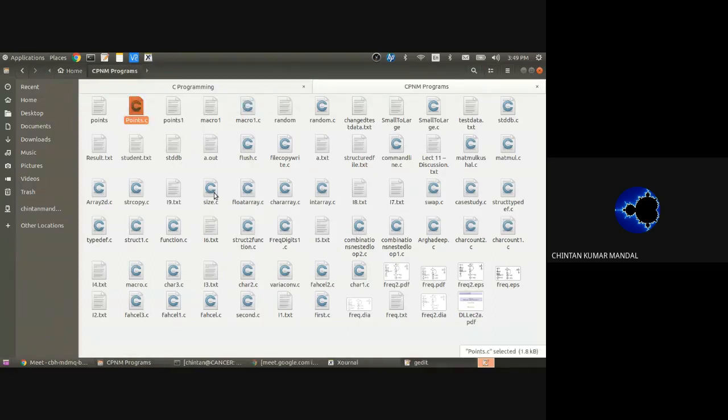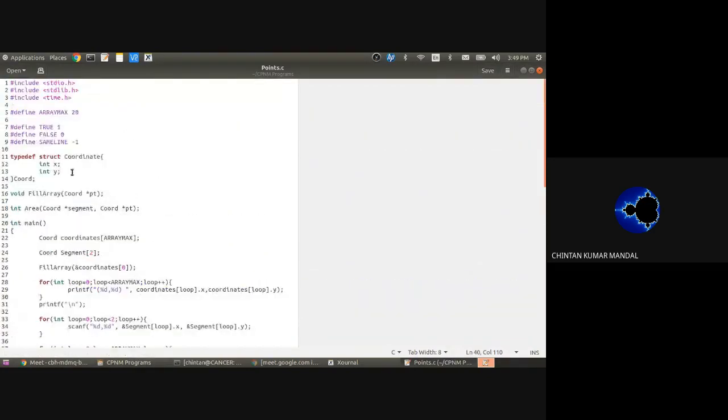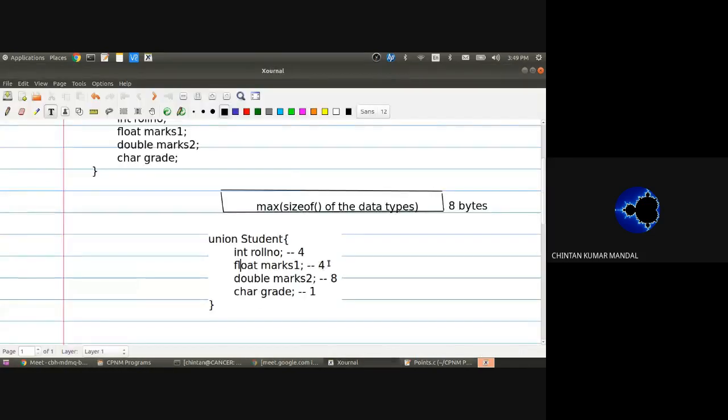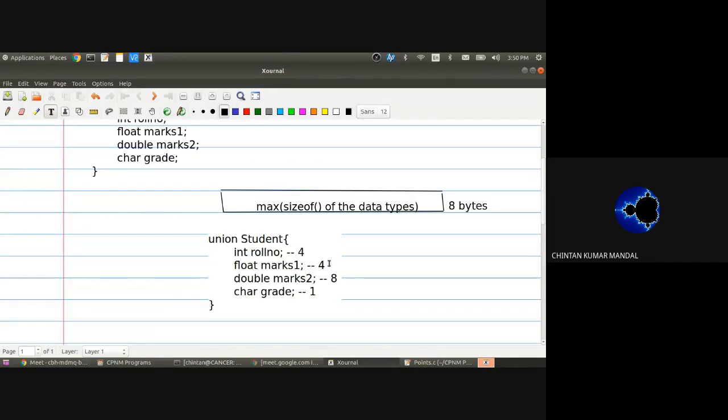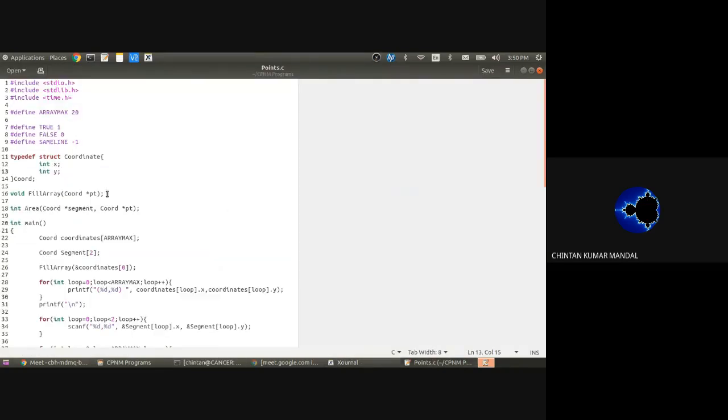Let's say I have coordinates and I want to find out. Sir, so where is the advantage of a union if we can store only one data type? No, it is basically dependent on what sort of problem statement you have got. Okay, let's think of it this way, for example coordinates.